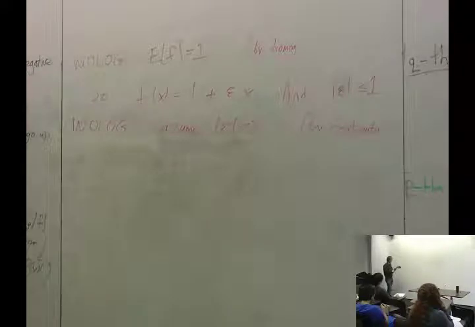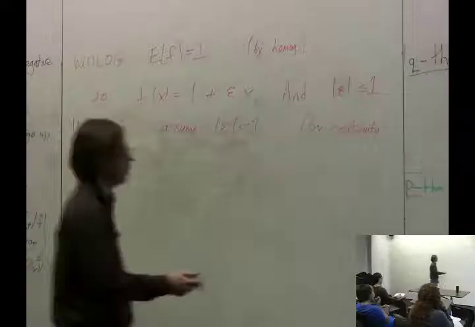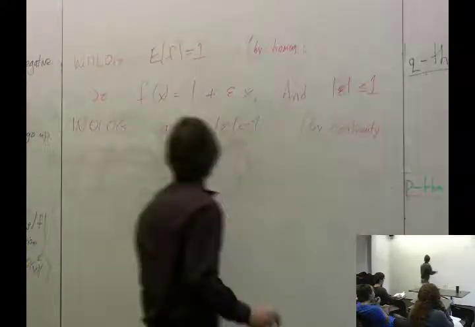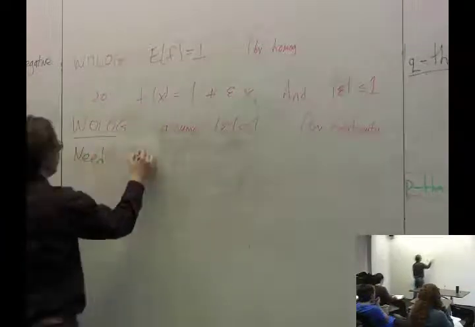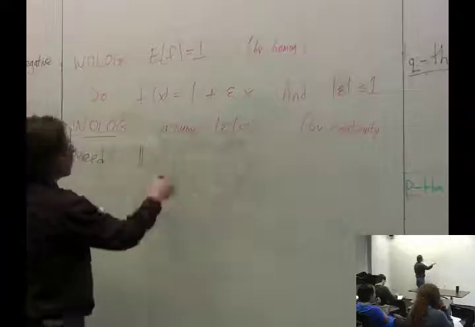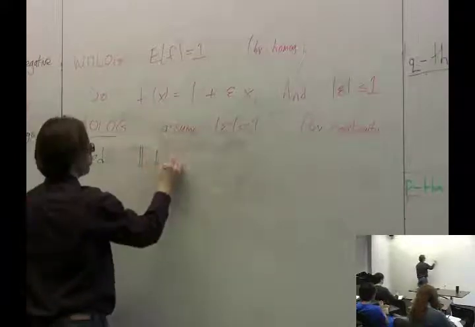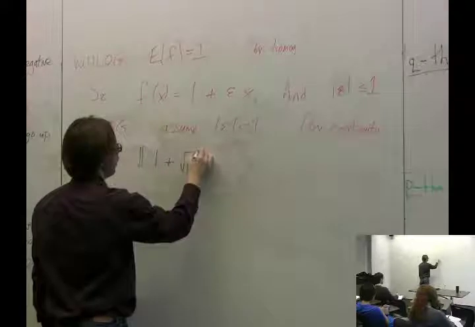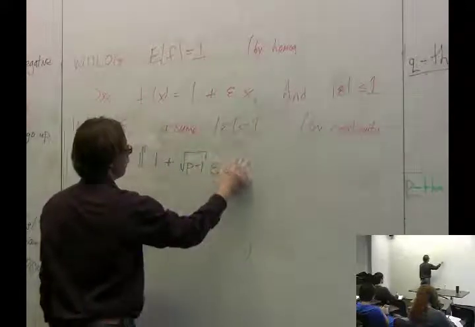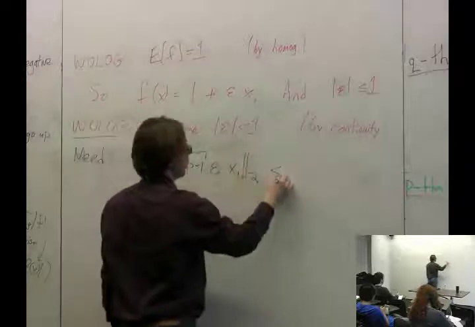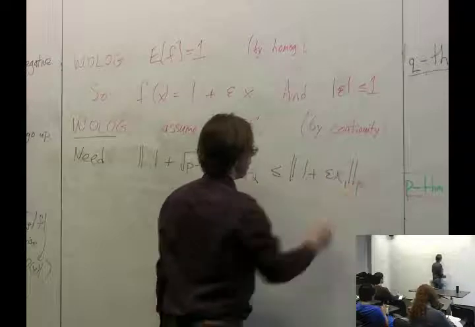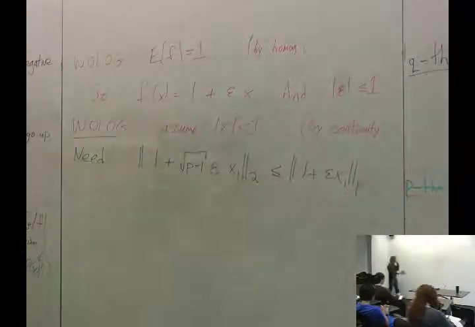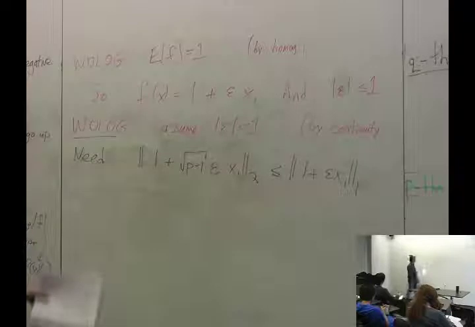Okay, cool. Let's remind ourselves what we need. We're trying to prove this. So we need that, well, what is T root p minus 1 of this little function? It's 1 plus root p minus 1 epsilon x1, in 2 norm, should be at most 1 plus epsilon x1 in p norm. And I'm going to raise this to the power of p.